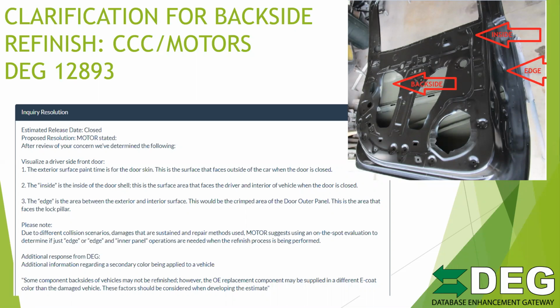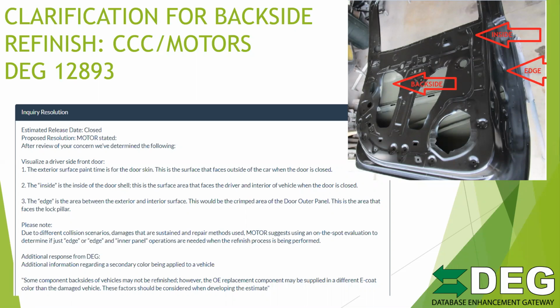And CCC and Motors confirmed that the backside is the backside of the actual skin itself, and that area is not included in any of the inside or outside or edging operations, and that would be a manual entry, because every scenario would be different, because of how it came from the factory, because the appearance may differ from vehicle to vehicle, as well as the type of products that you're using back there.